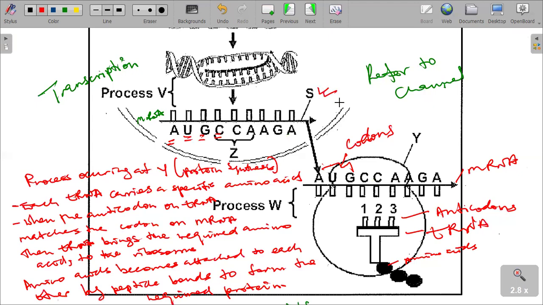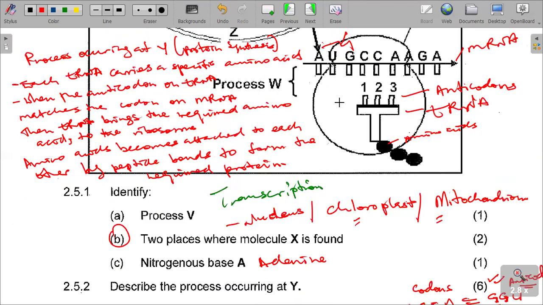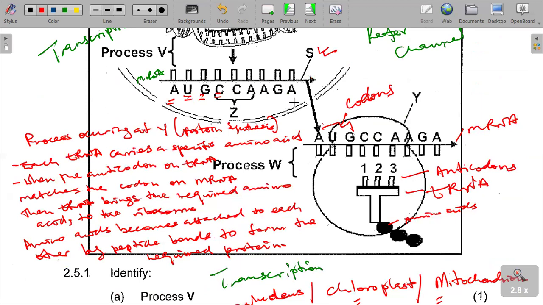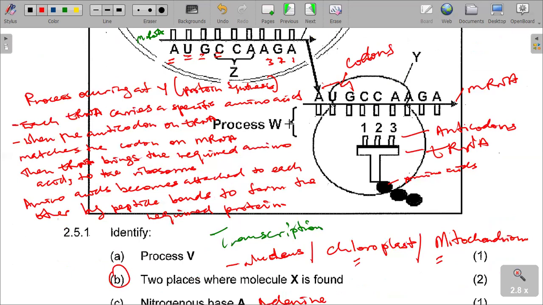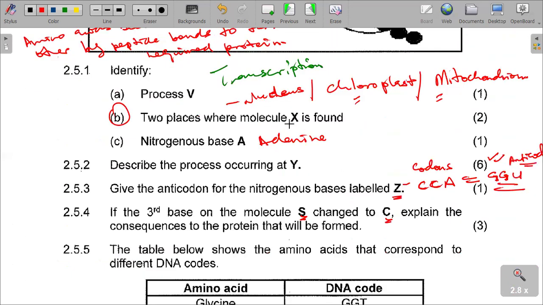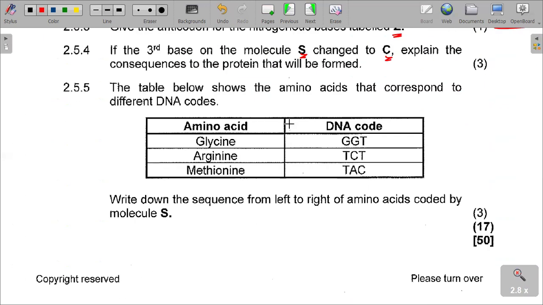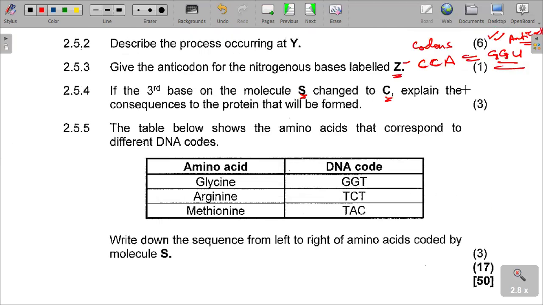If the third base, 1, 2, 3, 1, 2, 3, is going to change to C, explain the consequence to the protein that will be formed. Obviously, what would happen there is that the anticodon will change as well.